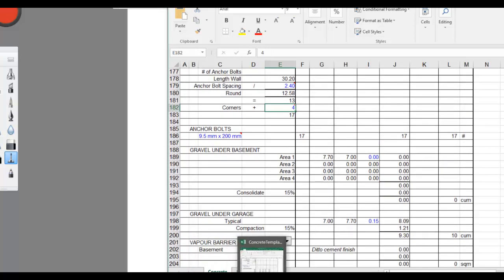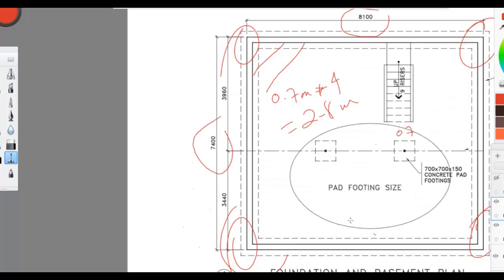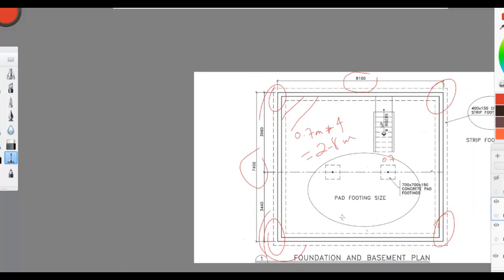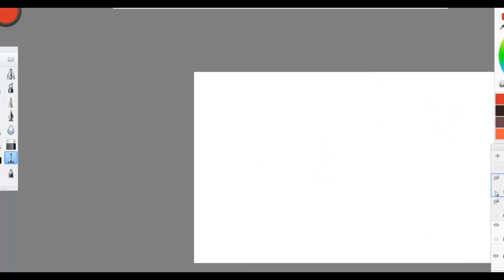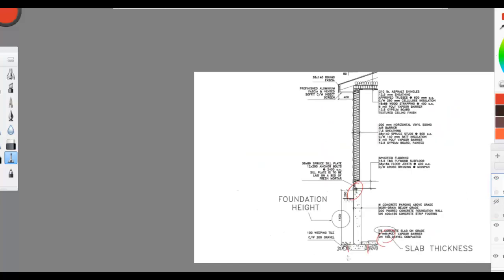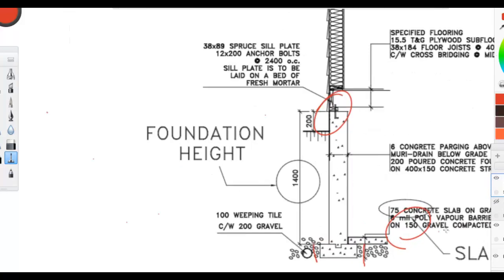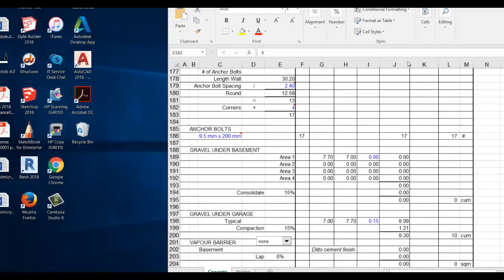So again, if we go back to our sketch, you will see in the section part here, if you enlarge this a bit, it is 150 millimeter gravel. So the area of the concrete on grade is the same for the gravel.